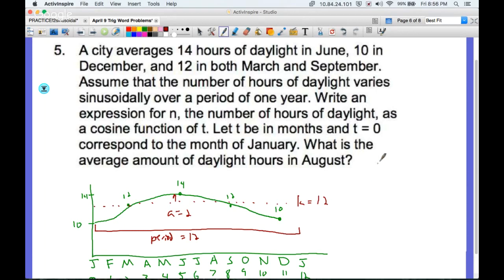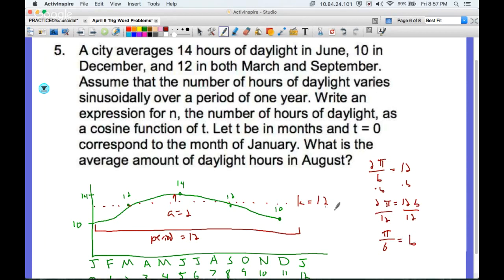Let's just do that calculation real quick. So 2 pi over b equals 12. Multiply b to both sides. 2 pi equals 12b. Divide both sides by 12. And we get pi over 6 is equal to b.